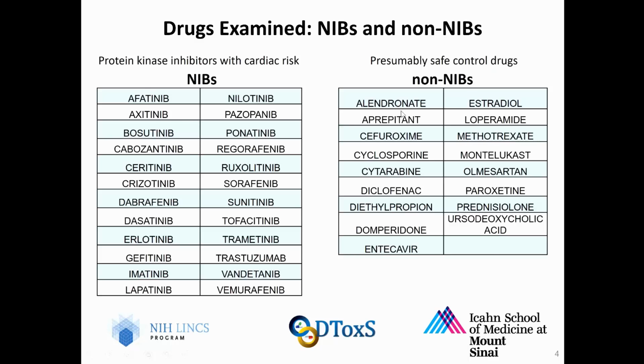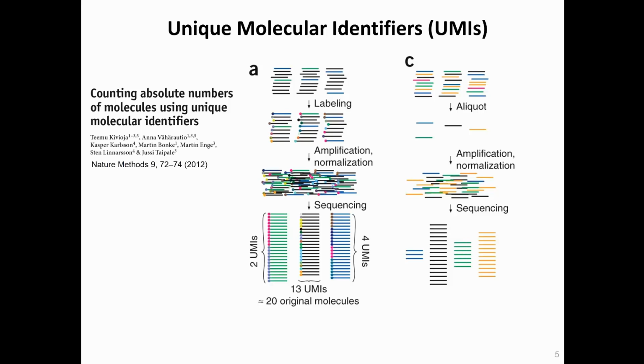So the methodology we're using is RNA-Seq, and I took this figure from a 2012 Nature Methods paper, which takes the basic RNA-Seq method and adds unique molecular identifiers, or barcodes, in order to aid with normalization. So on the left here, which they had as panel C in the original figure, is a standard RNA-Seq type of protocol.